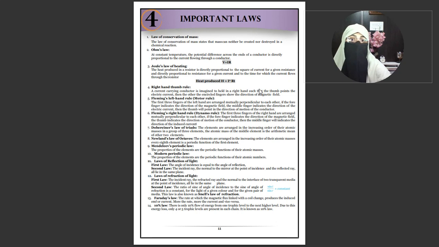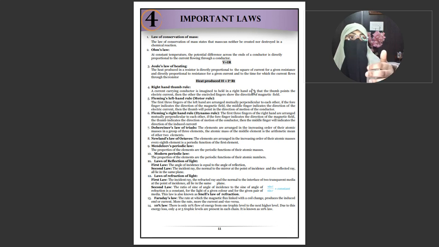It means that if you are taking a right hand, such that the thumb will point in the direction of the current. Then these circles. So this is your right hand, and if you are holding it like this, this will point in the direction of the current, and these circled fingers will point in the direction of the magnetic field.